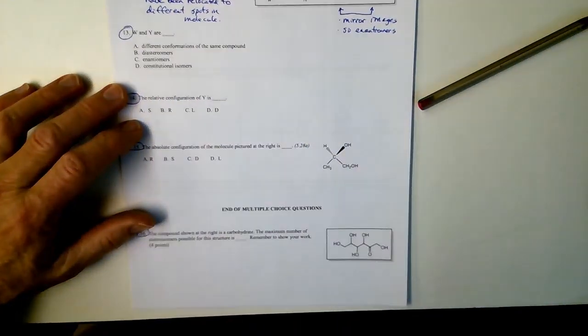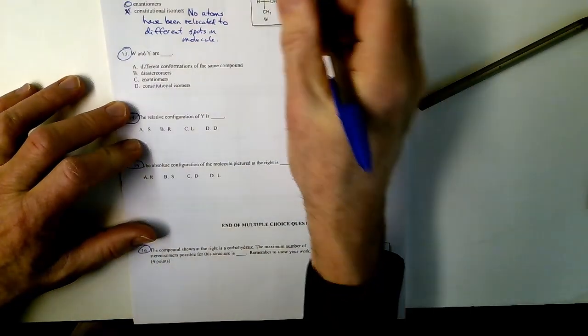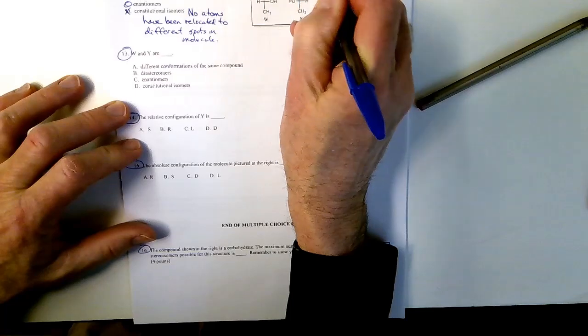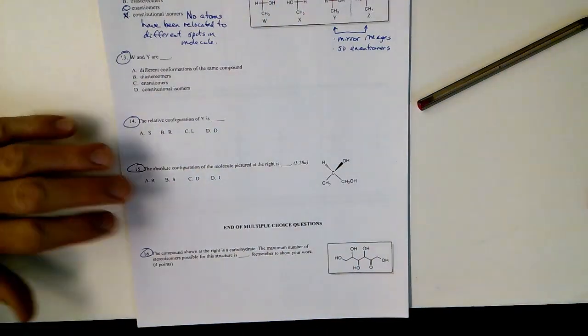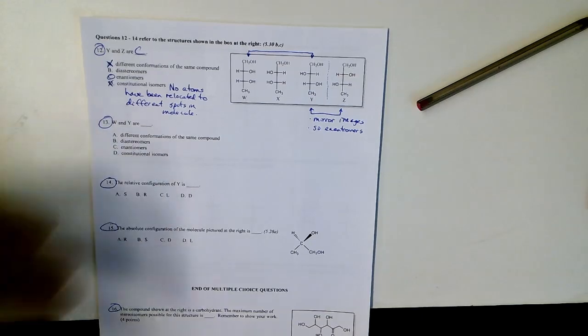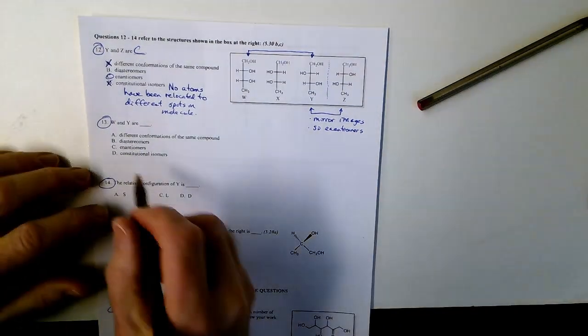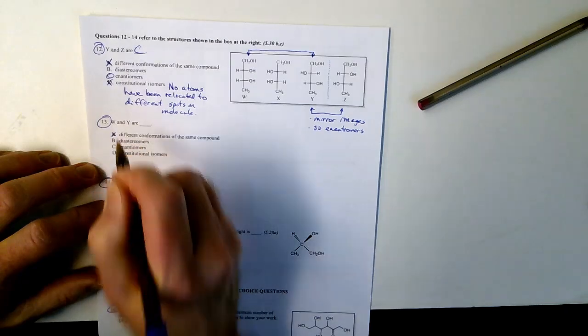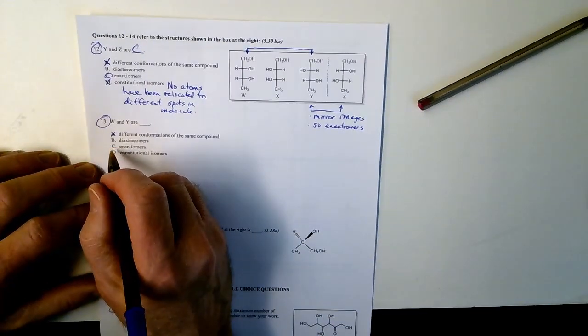Okay, and then we're asked to compare W and Y. That'd be what? These two? Across the way there, and I think you can tell by eyeballing that again, they're not different conformations of the same compound, and they're also not constitutional isomers.